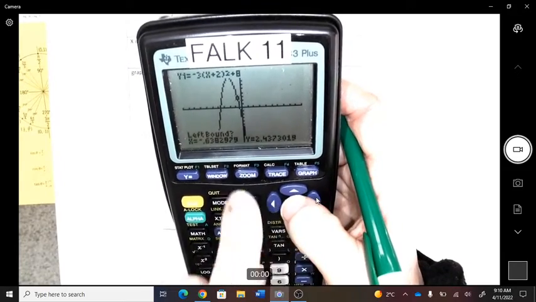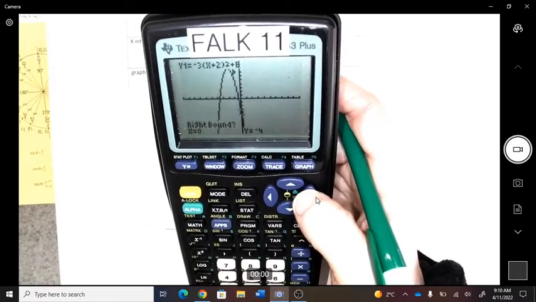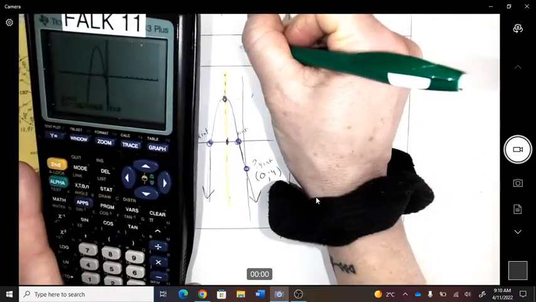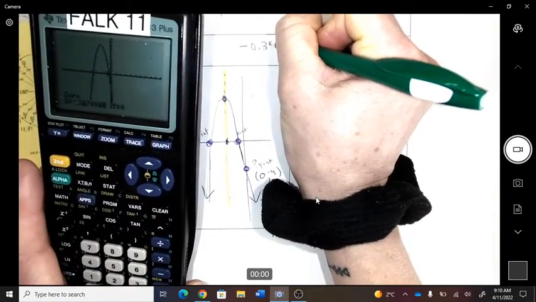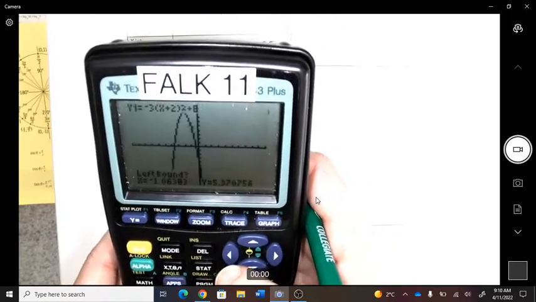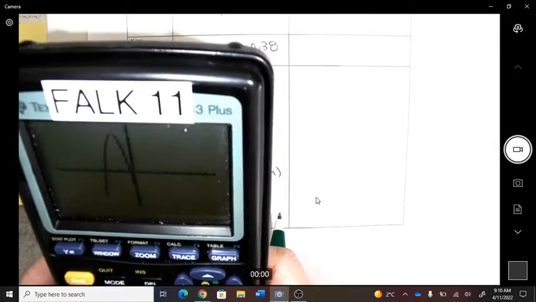So I'm going to find this one. I'm going to go left, enter, right, enter. So you see if you can get them both, left and right.